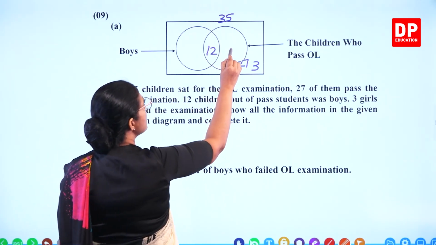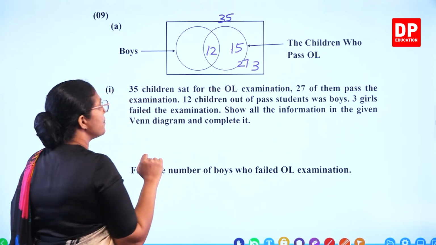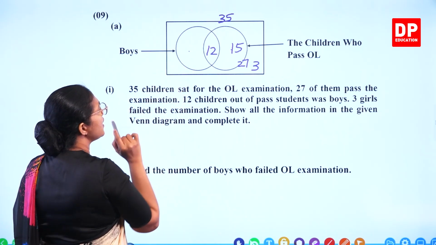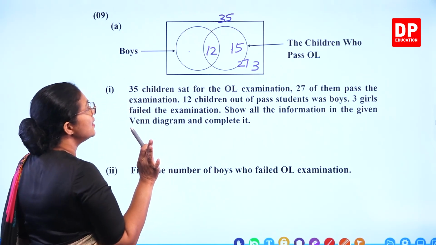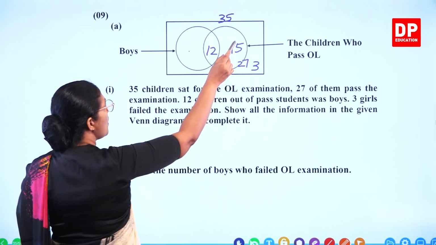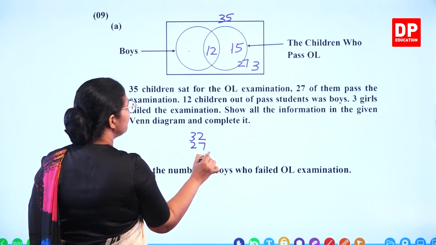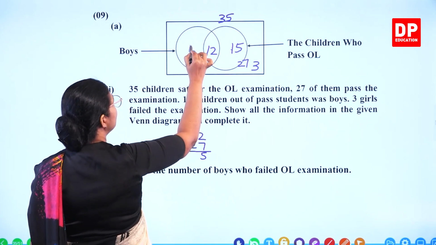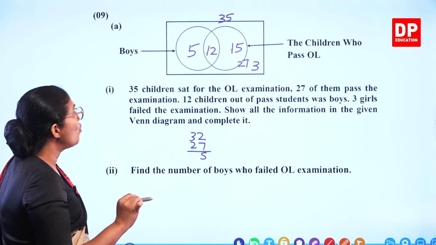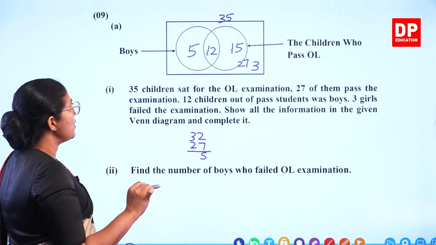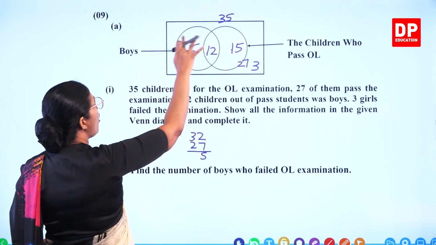So what is this part? 27 minus 12, you get 15. Then you can easily find out this part as well. 35 minus 3 is 32. This one is 27. 32 minus 27, you get 5 here. Then what's the question? Find the number of boys who failed the O-level examination. Outside this circle, but inside the boys circle.